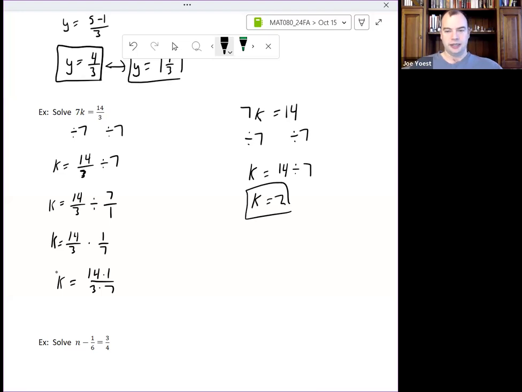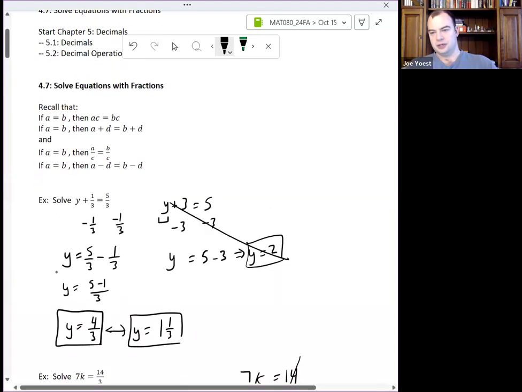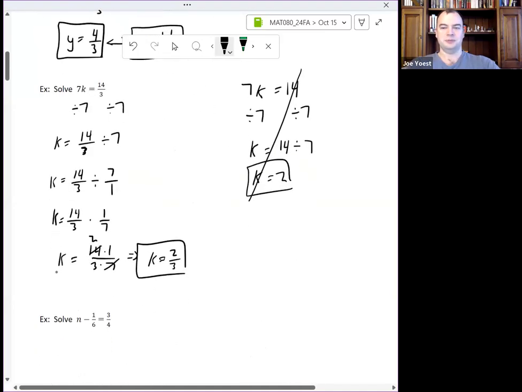And then I divide out any common factors. The 7 divides out with the factor of 7 in the 14, leaving me with a 2. And it looks like k equals 2 thirds. That's a proper fraction, so it stays that way, regardless of what we're looking for. So k equals 2 thirds is our answer. This was just scratch work, as was this. They were just simpler examples to demonstrate the point.